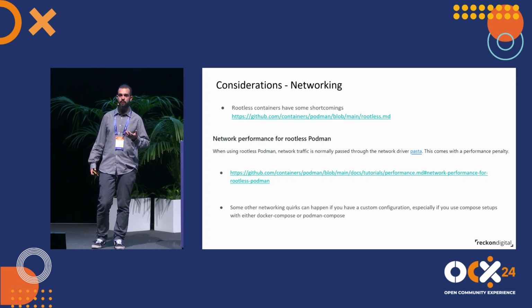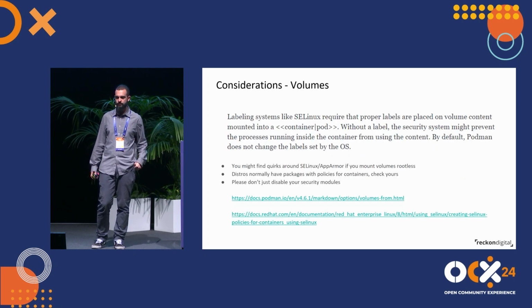Another thing you might notice, at least it happened to me, is that if you use one of the container orchestrating tools, so Podman Compose, Docker Compose, particularly Podman Compose, with some of the networking you might find some head scratchers. Nothing that's too hard to solve. If I was able to solve those, you will also be able to solve it, I'm sure. But it's something to be on the lookout for. These things are to be expected, and it's something that you might find.